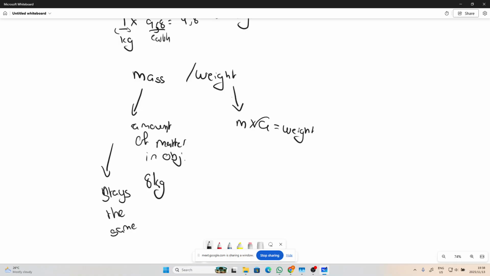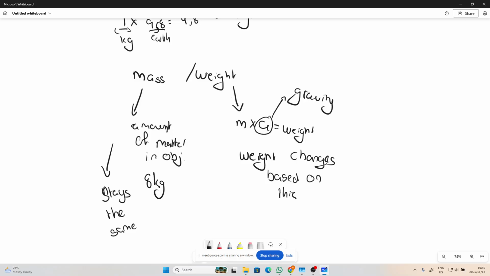But my weight is dependent on the factor of gravity, meaning my weight changes based on gravity. Mass is constant. Weight is variable.